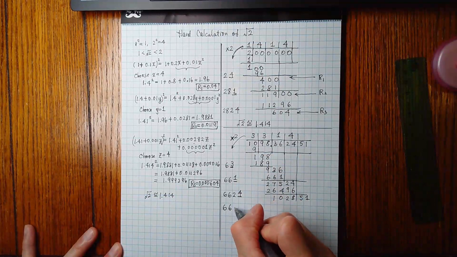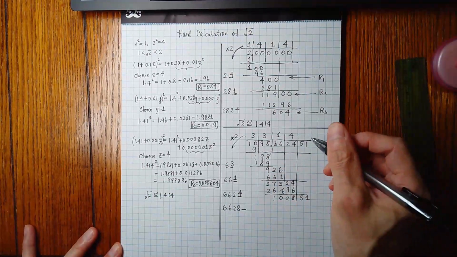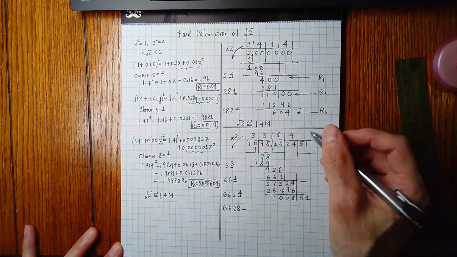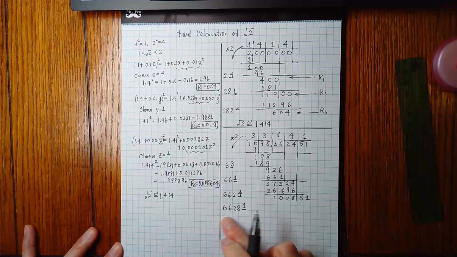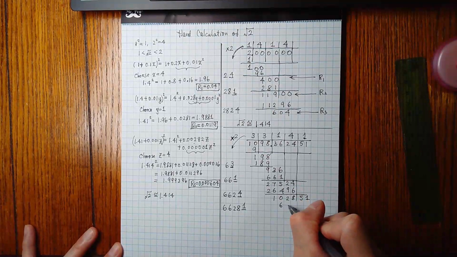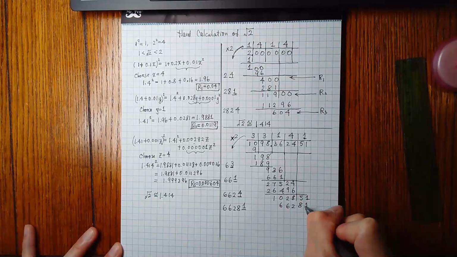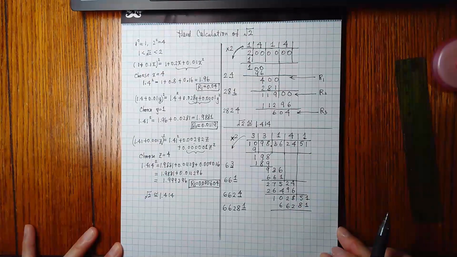You have 6628. And these two numbers must agree. So say 1, because 2 will go over, 2 times 6 is 12, will go over the 10. So put in 1, so you have 66281. We could continue, but we're going to stop here.